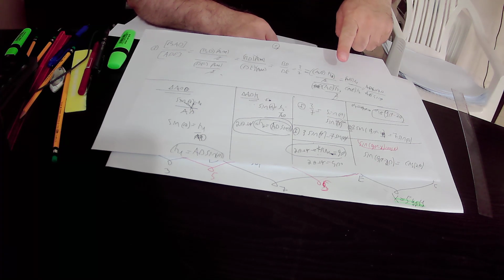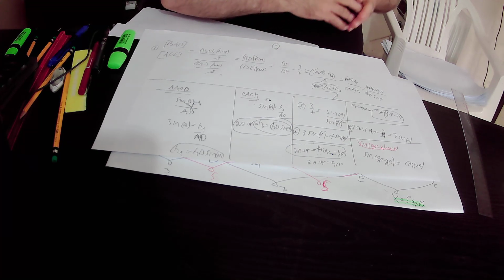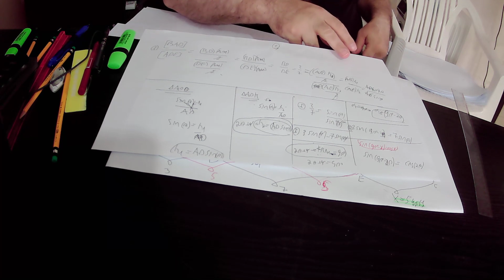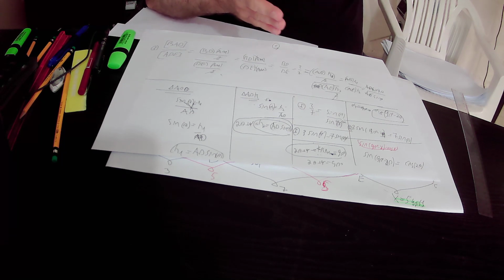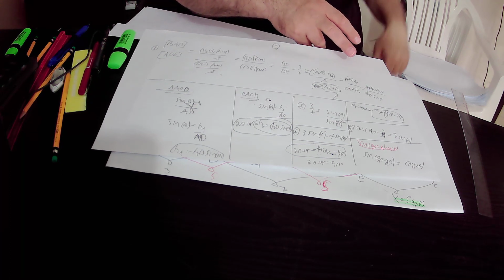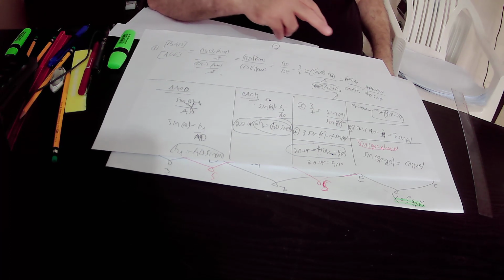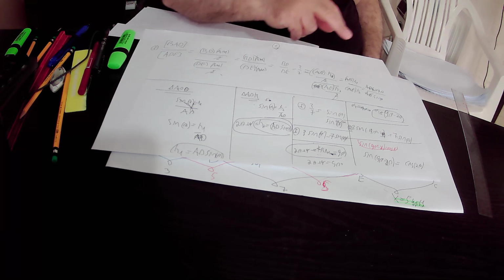We have 2 in the numerator and 2 in the denominator, so 2 will get cancelled, and we are left with AB times H1 over AE times H2. AB equals AE, so AB over AE will be equal to 1. So AB and AE will get cancelled, and we are left with H1 over H2. So in conclusion, we found out that 3 over 7 equals H1 over H2.